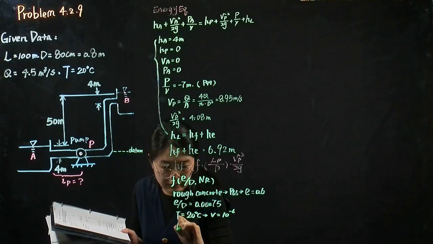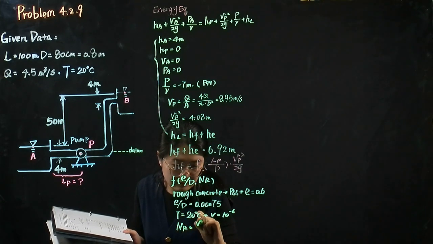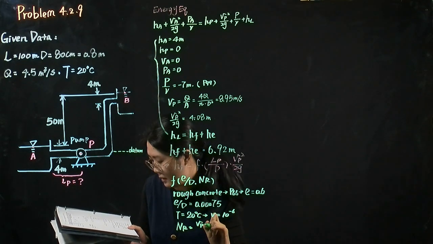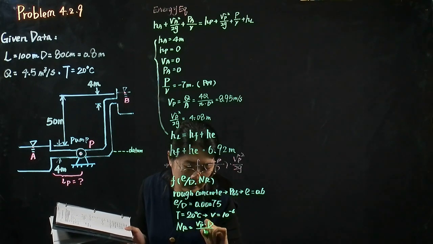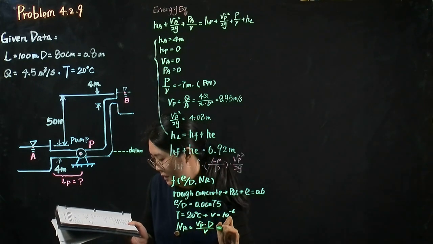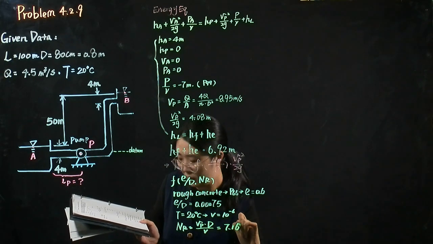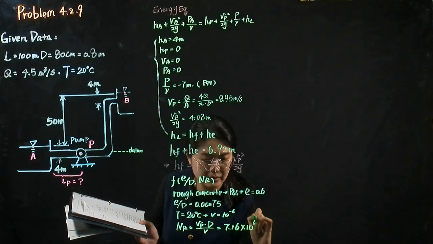Then we can calculate the Reynolds number. It's the velocity at point P times diameter over the kinematic viscosity. It equals 7.16 times 10 to the power of 6.